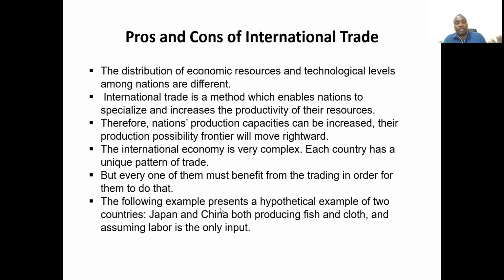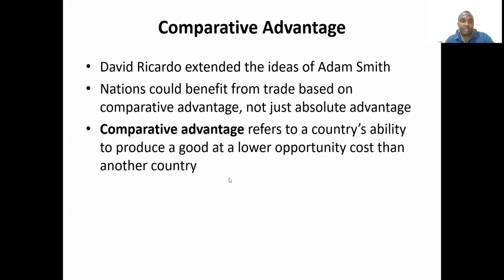So we look at a hypothetical example where simple calculations are done to illustrate the benefits of international trade, according to David Ricardo's comparative advantage theory. David Ricardo extended the ideas of Sir Adam Smith, whose reasoning about patterns of international trade was quantity-based.